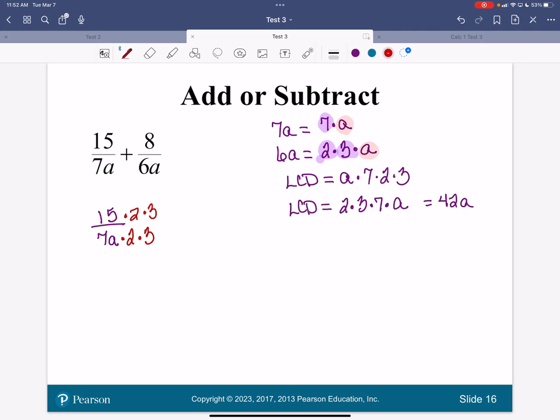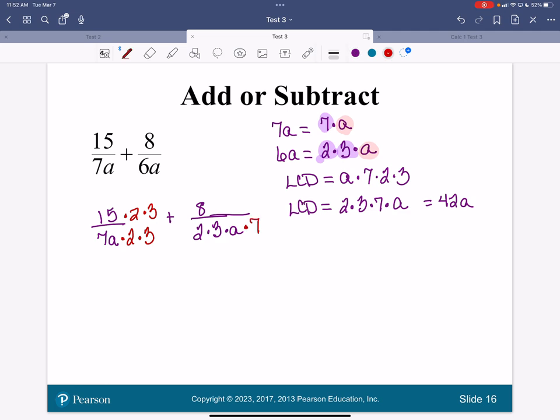Then I'm going to add 8 over, and I'm going to go ahead and break that 6a down to 2 times 3 times a. Okay, and we know that 6a and 2 times 3 times a is the same thing. So now I've got a 2, I've got a 3, and I've got an a. What's missing? Good. So I write the 7 down in the denominator.